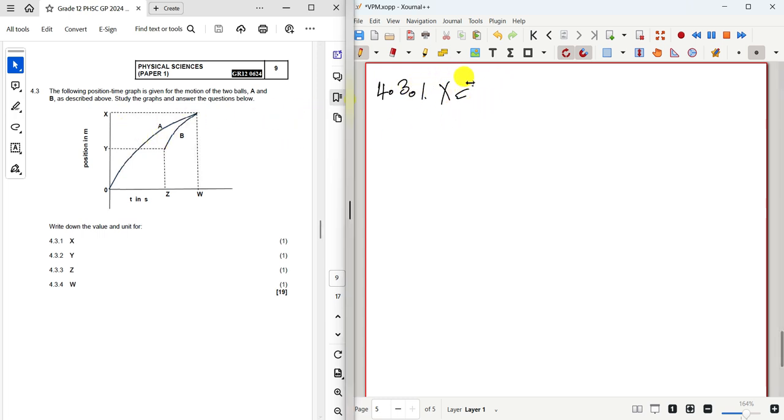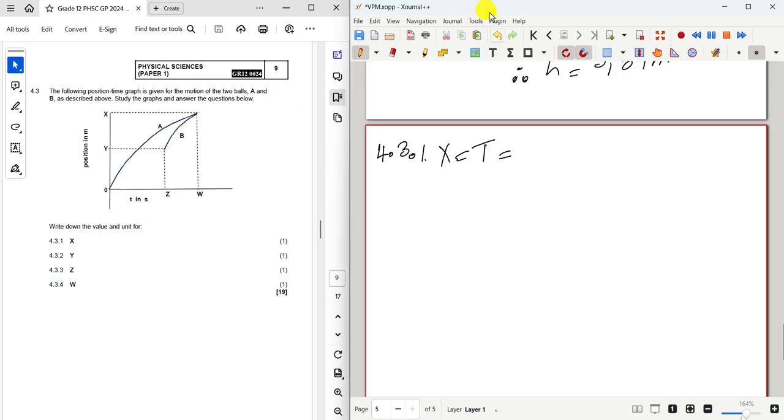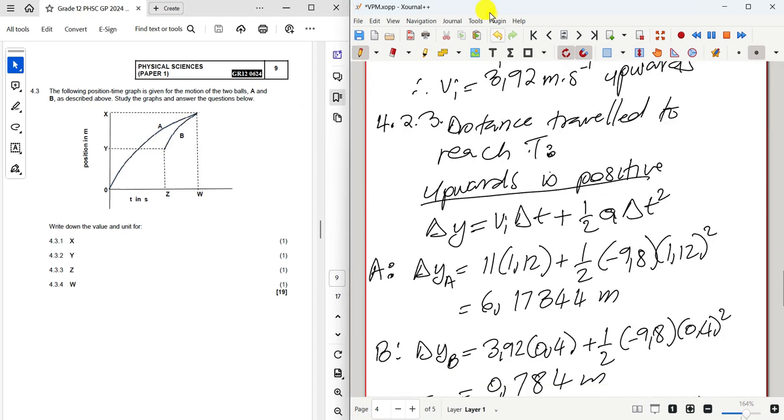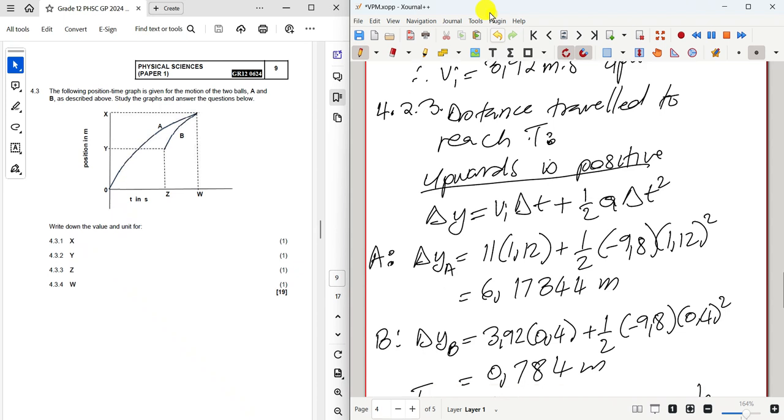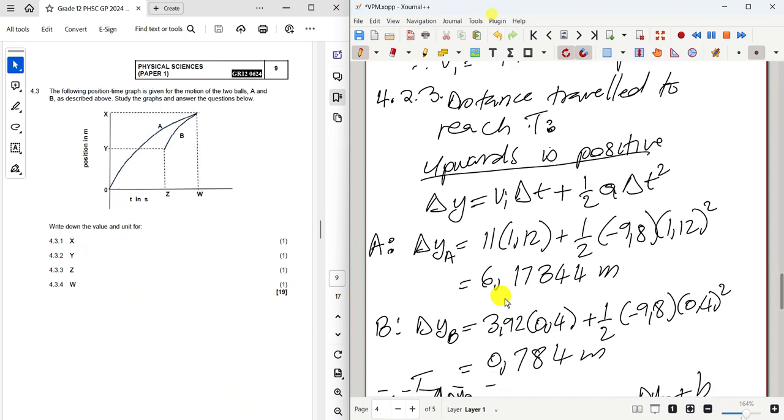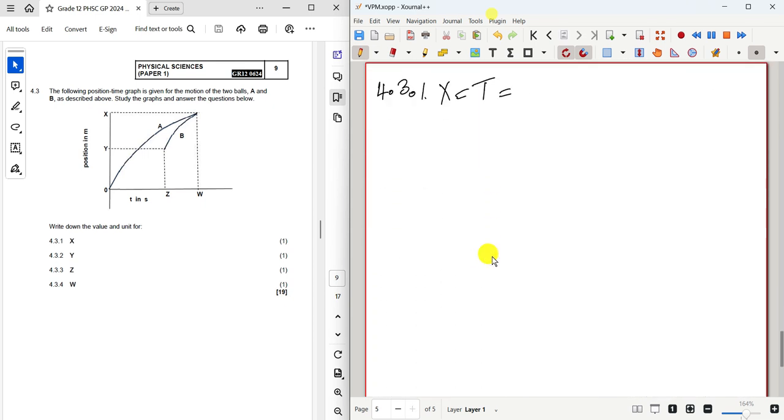X is point T. Point T was, if I recall, maximum height. Maximum height from the ground was 6.17 meters. Can you see it? Here it is. We got it using that one of ball A, 6.17 meters.